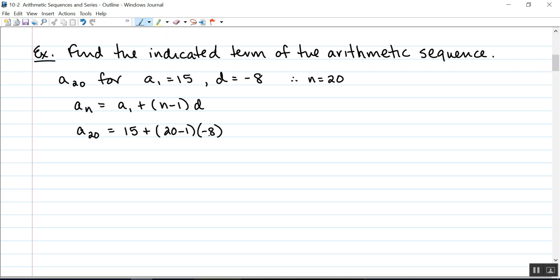If I didn't put the parentheses, I might get confused and think I was subtracting 8. So now all we have to do is simplify this. So a sub 20 is equal to 15 plus 19 times negative 8, or 15 minus 152, or a sub 20, or the 20th term in the sequence, is negative 137.